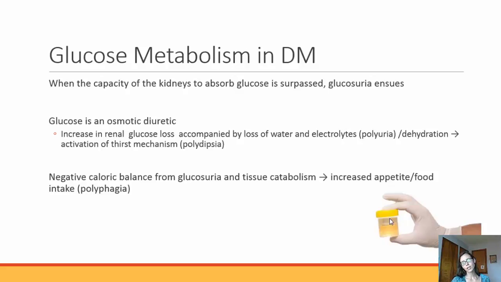And because we're peeing so much out and we're getting dehydrated, it can lead to the symptom of polydipsia, or needing to drink a lot, an activated thirst mechanism. Okay, and then because our glucose isn't getting into our cells and we're losing more of it in our urine, that is going to increase appetite and food intake, our classic symptom of polyphagia.